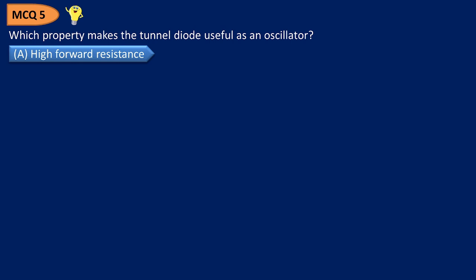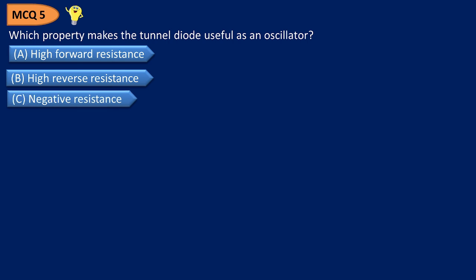Okay, so the fifth MCQ: which property makes the tunnel diode useful as an oscillator? The first option is high forward resistance, second high reverse resistance, third negative resistance, and fourth high capacitance.